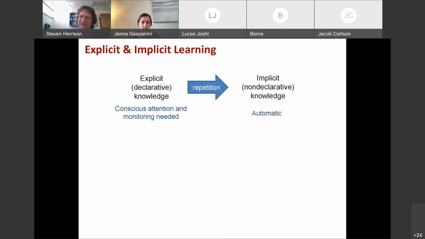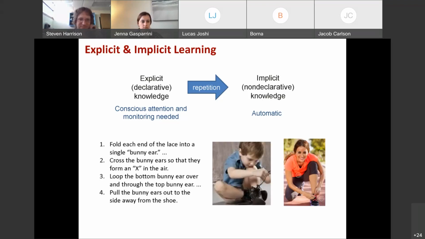This fits quite nicely with Fitts's model of the different stages of learning, where the emphasis at the early stages, which we'll be talking about next class, is on more cognitive stages, where conscious attention and monitoring is needed. Later on, the role of cognition is reduced when what you have learnt becomes more automatic.